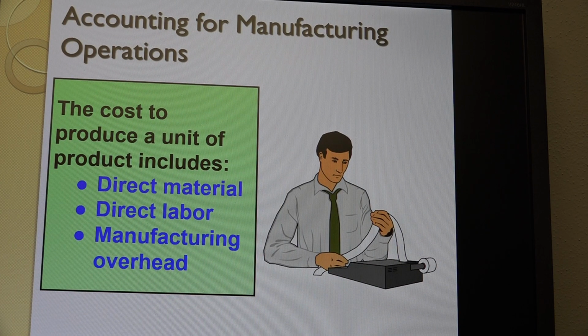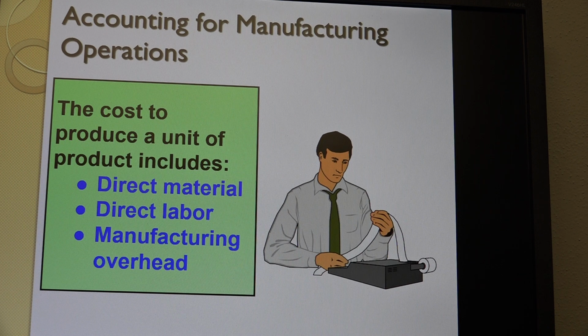Accounting for manufacturing operations. Now, of course, this is a little different than if your company is a merchandiser. If you're a merchandiser, you simply buy the product from someone else, usually a manufacturer, but it could be a middleman, and you just turn around and sell the product.